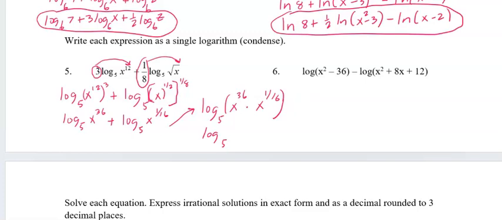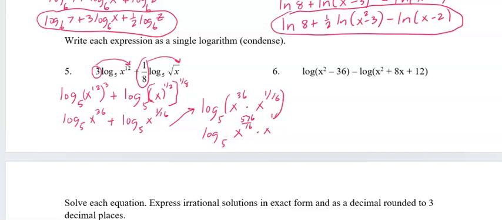Since they're the same base, I write this as one single x and I add the exponents together. All right, so we got to get a common denominator for 36 and 1/16. So 36 times 16 is 576. All right, so I'm going to change this to x to the 576 over 16.